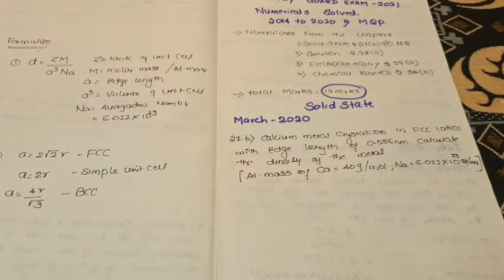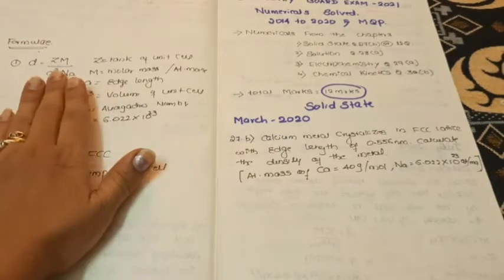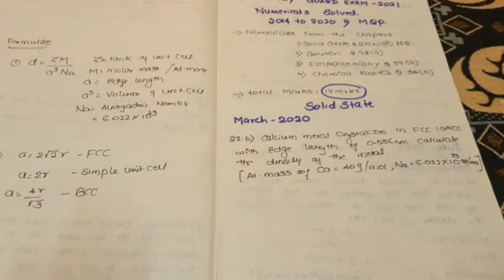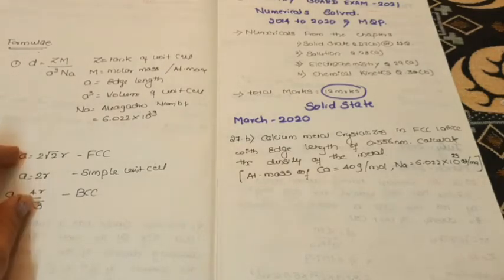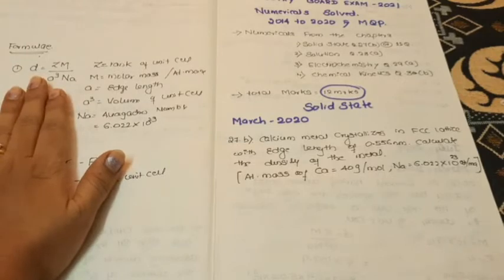If you have gone through the question papers, all the numericals will be based on density. In one year they asked a question from another concept, which I'll also discuss. So this is a density related numerical.